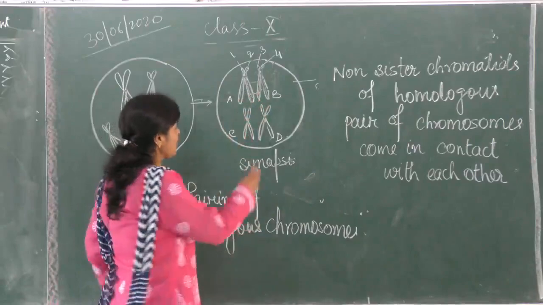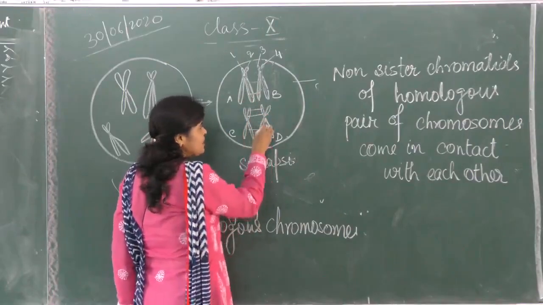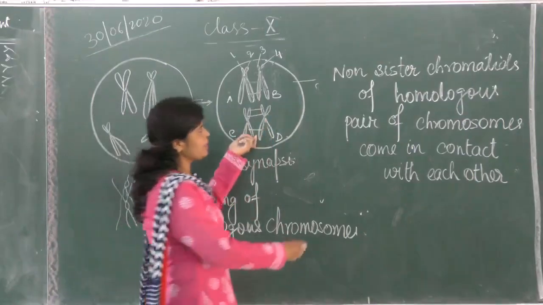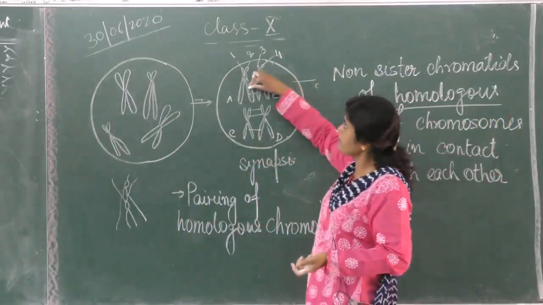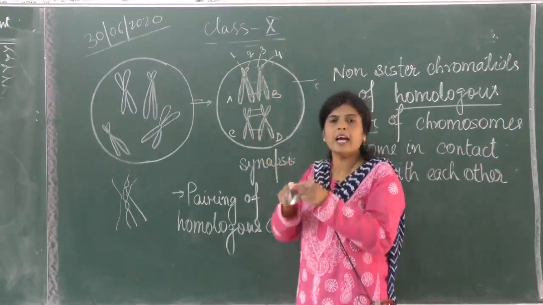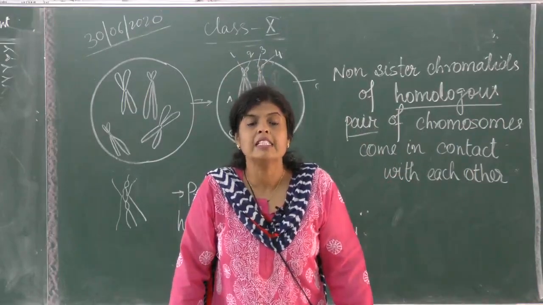Is it clear? So coming in contact will always be between homologous pair of chromosomes, and between non-sister chromatids, never in sister chromatids.